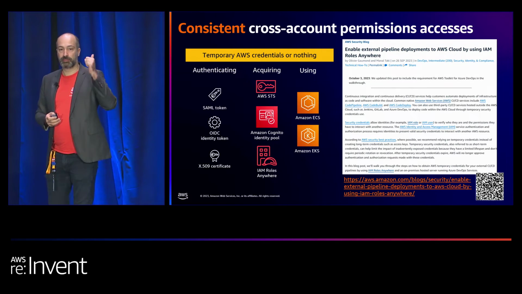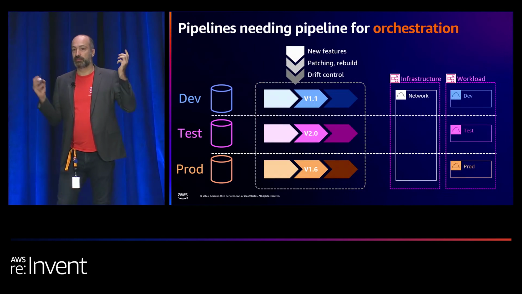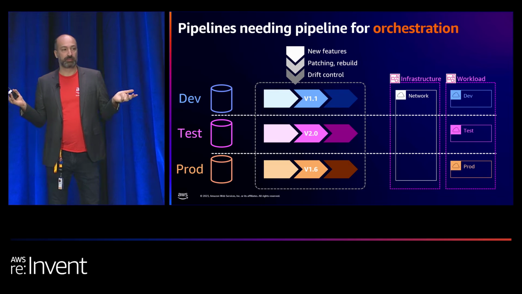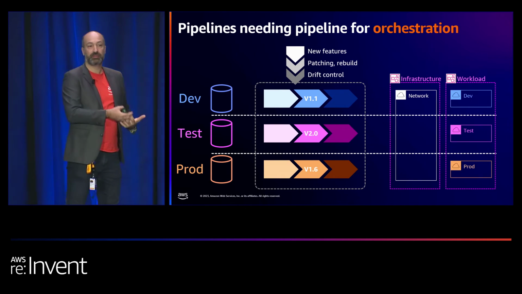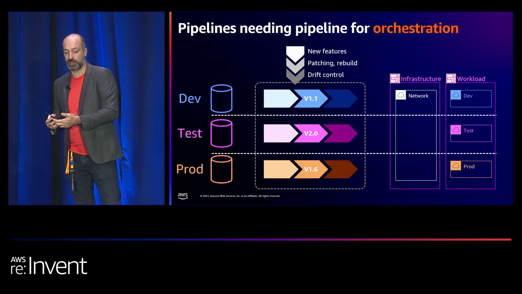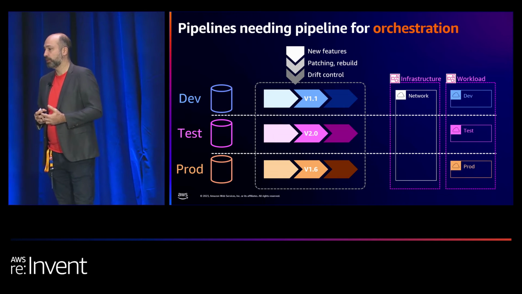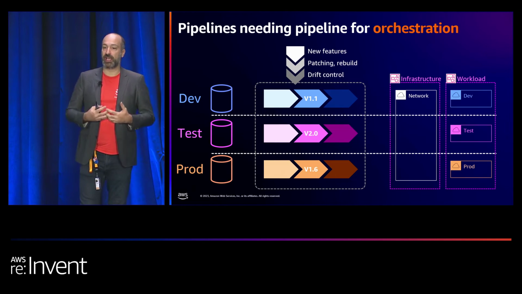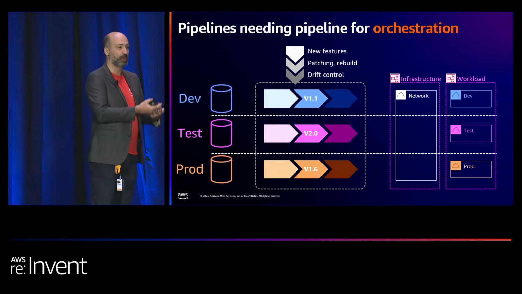Okay, so CI/CD pipelines, a lot of operations, but CI/CD pipelines may be different. You might have a pipeline specific to your dev environment. You might have a pipeline specific to your QA and your production. So now we need a meta pipeline. We need an ability to create new pipelines or to update those pipelines in a controlled way.